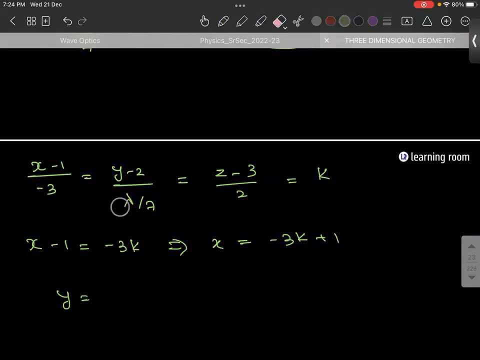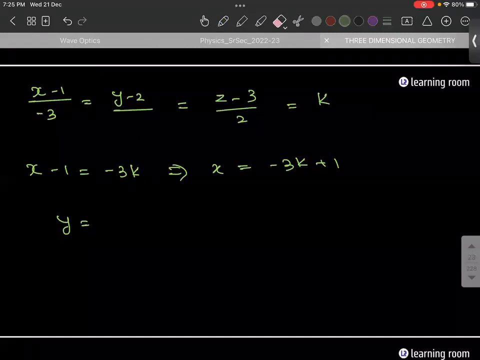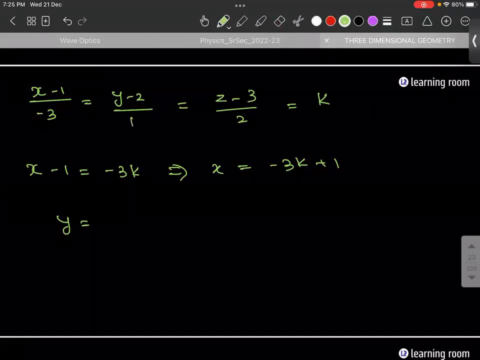Lambda we already found, no? Lambda is 7. So this will be 1.